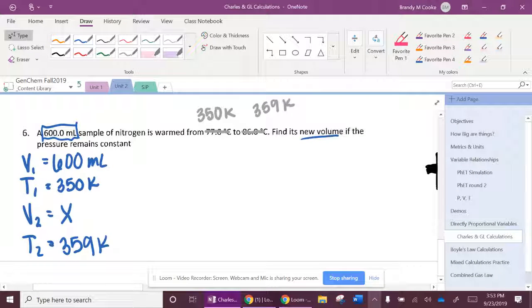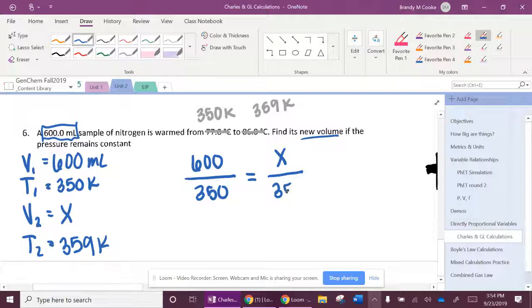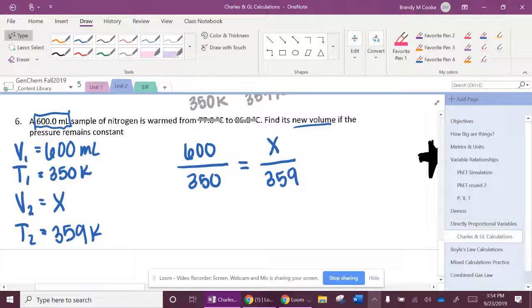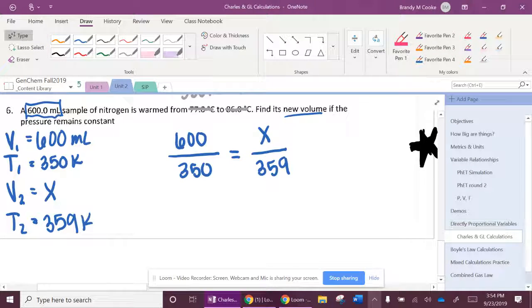From here, we can plug in our numbers. So I have 600 divided by 350 equals X over 359. And there's a couple different ways to do this. If you're strong with algebra, then you can just do how it looks: 600 divided by 350 and then multiply by 359 to get to the other side. If that's too confusing, then I recommend that everyone just cross multiply.